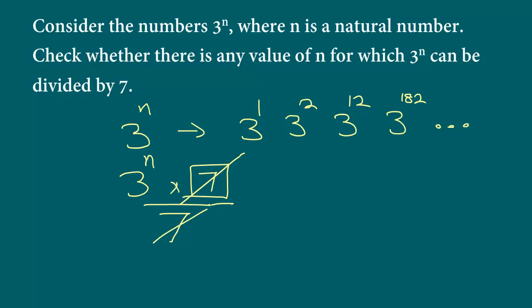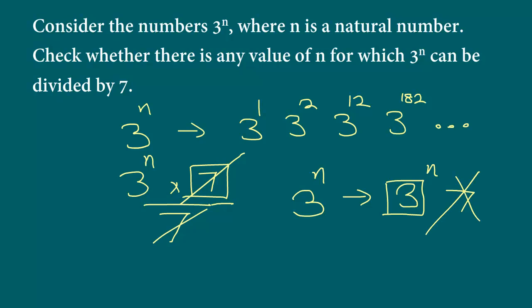But because the fundamental theorem of arithmetic states that there is only one unique way to represent any composite number as a product of its primes, if our number is given as 3 to the power n, this means 3 is the only prime number in our composite number, right? So there is no 7. So we don't have any 7, and hence we cannot have any value of n for which our resulting number can be divisible by 7.